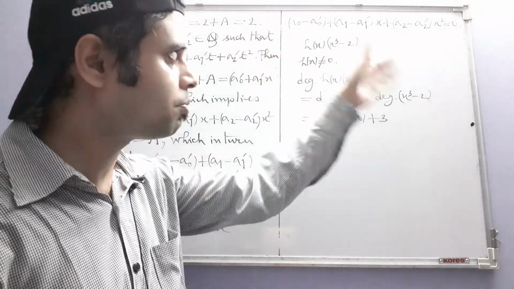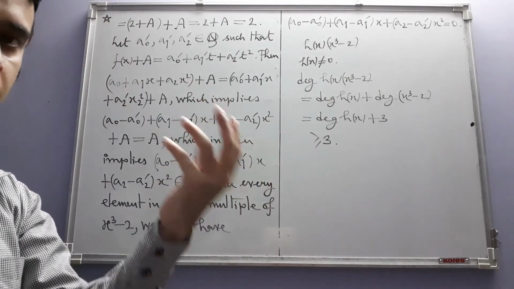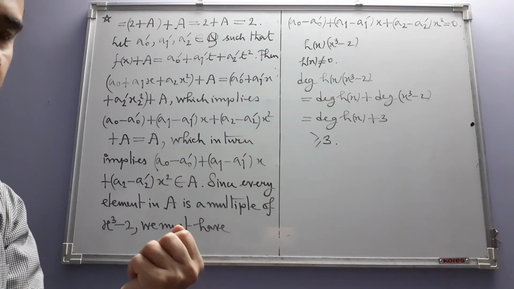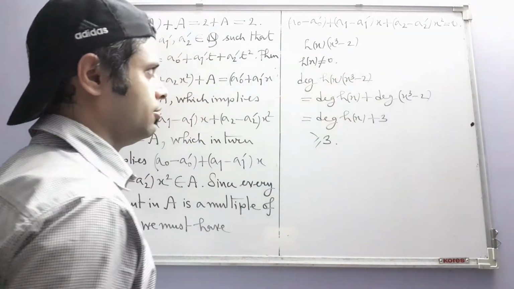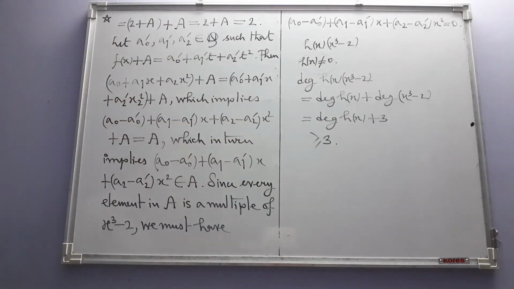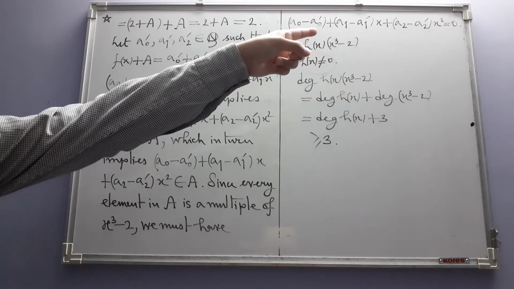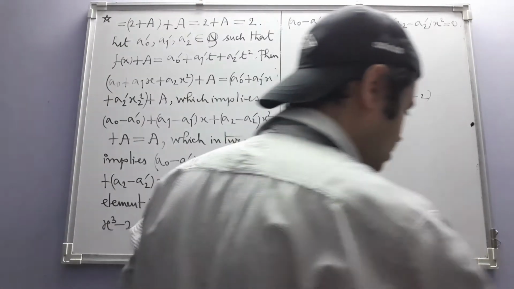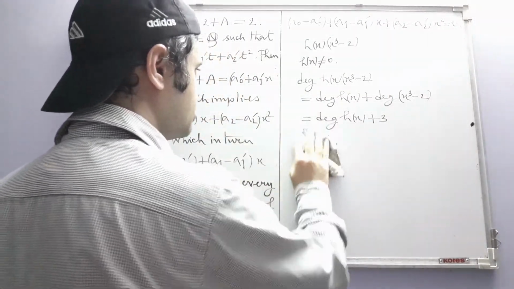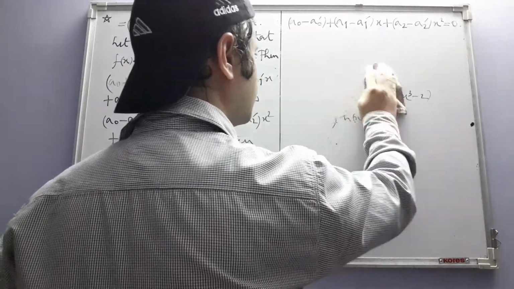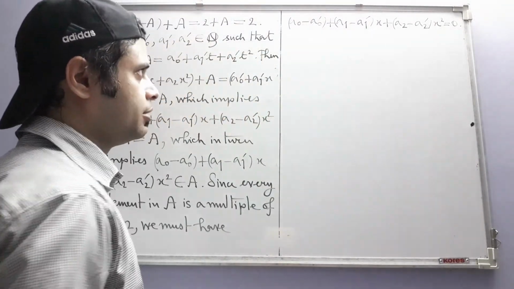There is no possibility of having a term where we have x cube with non-zero coefficient. So that's why h(x) cannot be non-zero. h(x) has to be equal to 0, and that's why we have that polynomial equal to 0. Okay, but I am not writing all those things in detail. You have got the point.